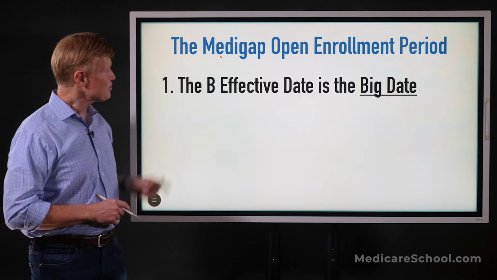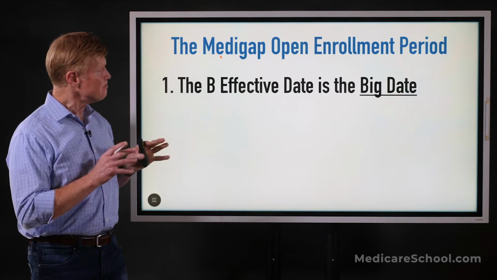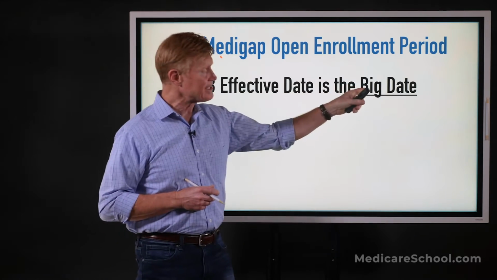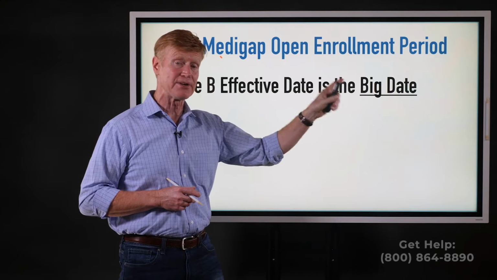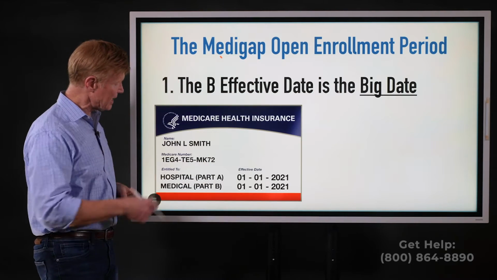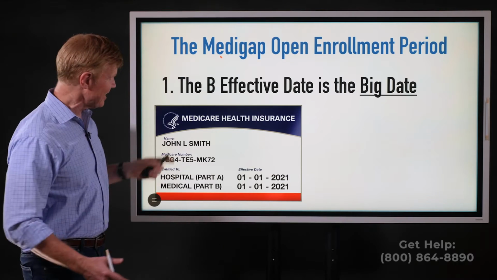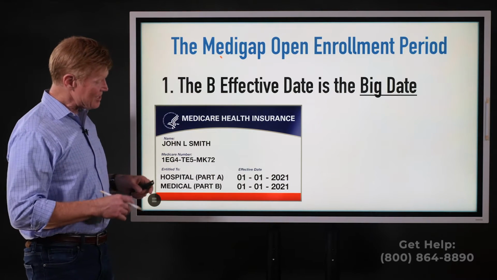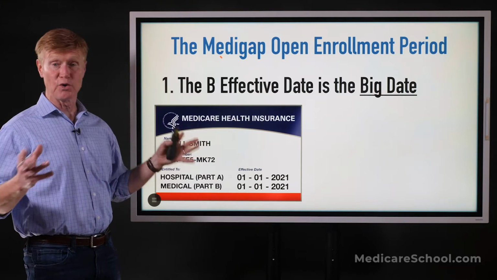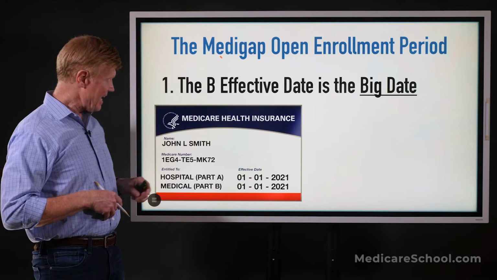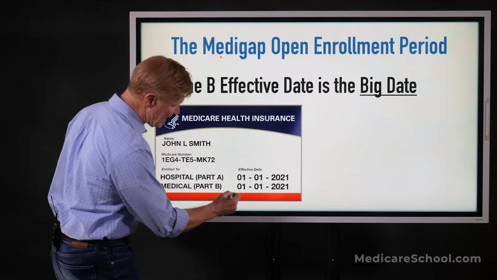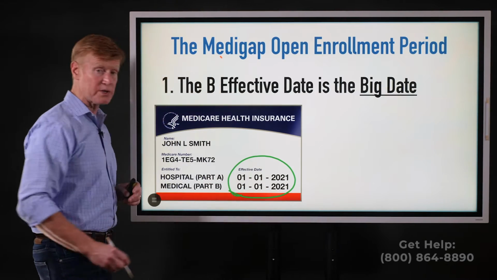Let me explain. First off, I want you to see the B effective date. When you enroll in Medicare Part B, that's the big date. This is when that 6-month time period begins. Let me give you a couple quick examples. This is a husband and wife. The husband is John Smith, and John is going to retire January 1, 2021, completely retire, and enroll into Medicare at 65. His A and B dates are January 1st, 2021.